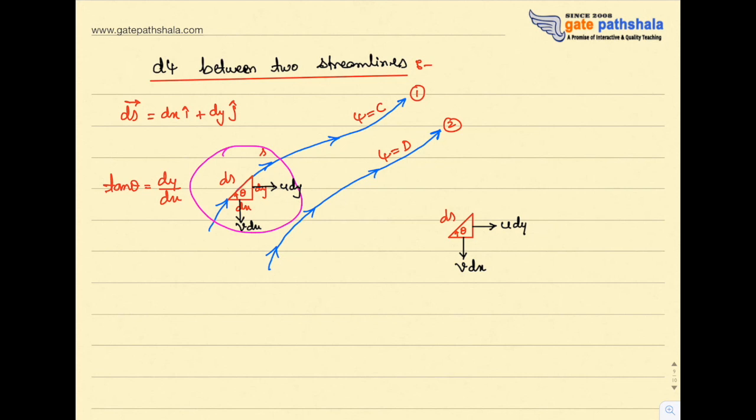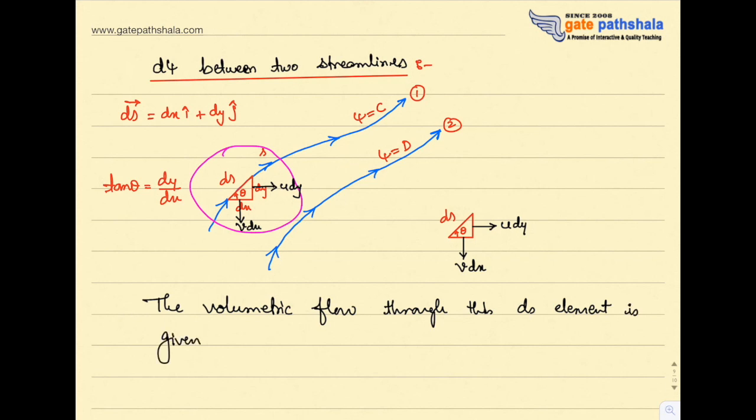So if we consider the volumetric flow through a small element of thickness ds placed on a streamline as shown in the figure, the volumetric flow through this ds element is given by dq equals u dy minus v dx.